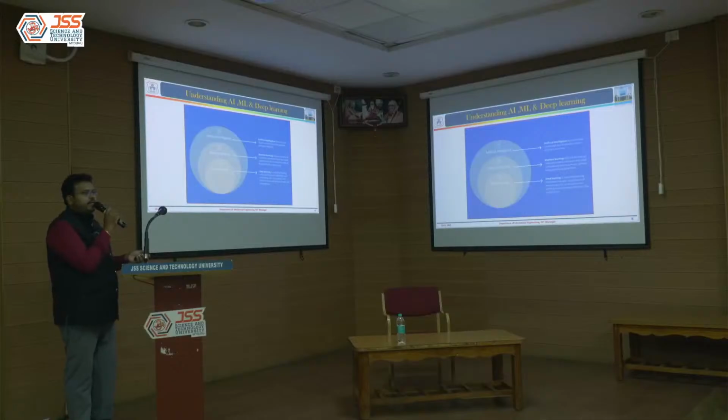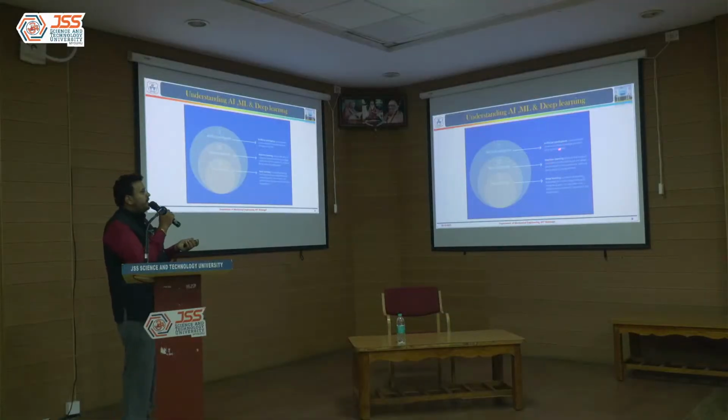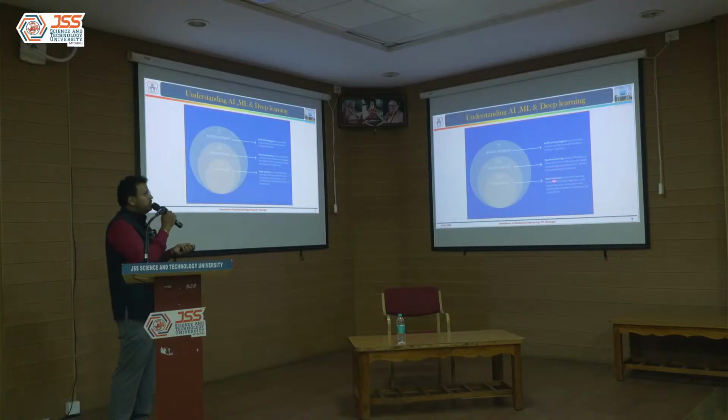Understanding AI, ML, and deep learning at a basic level. Artificial intelligence uses computer science and data to enable problem solving in machines. Machine learning refers to the study of computer systems that learn and adapt automatically from experience without being explicitly programmed.